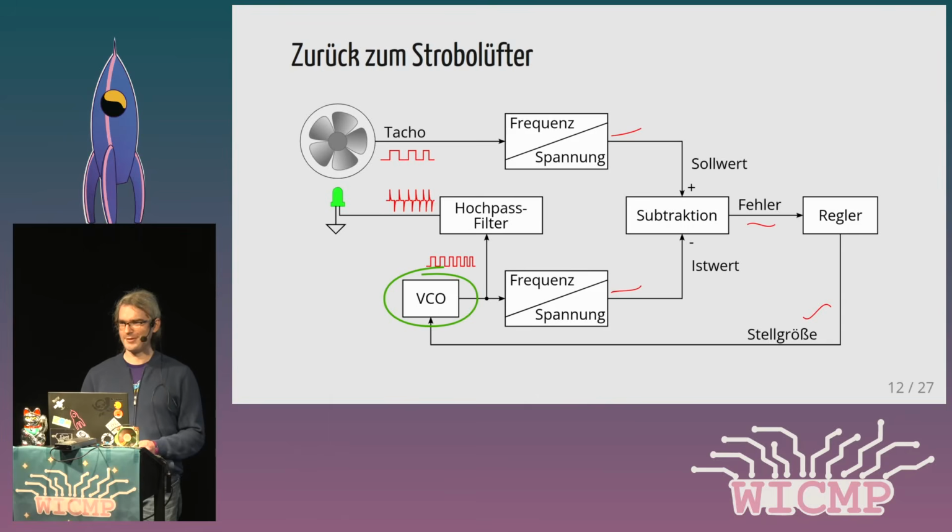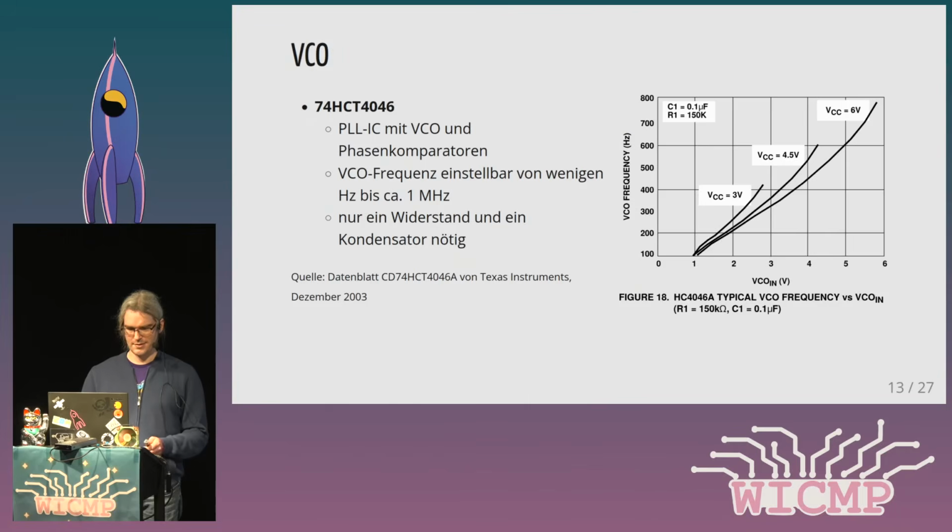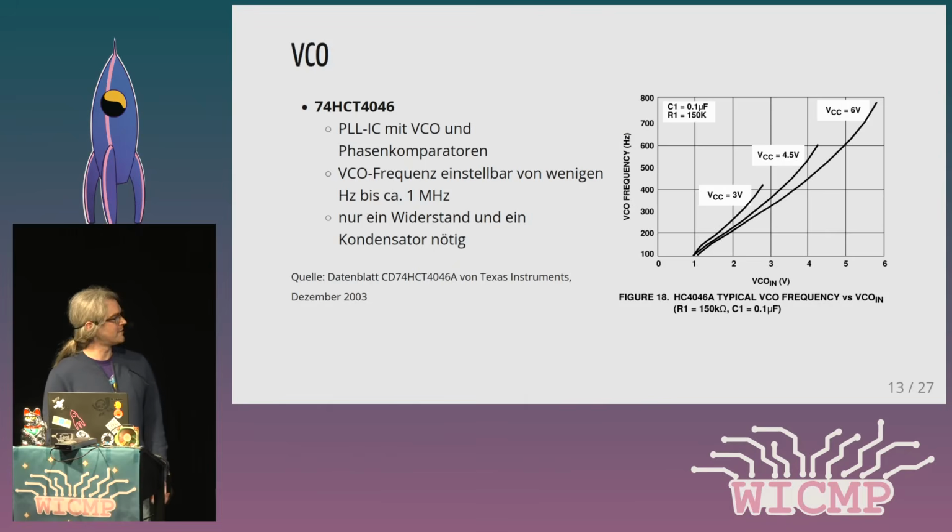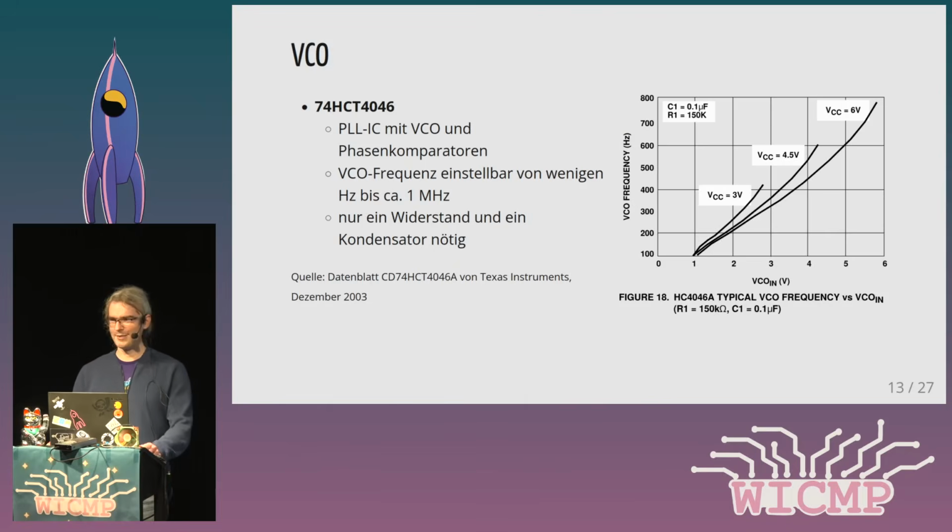Okay, back to our block diagram. Now let's look at each block individually. Let's begin with the VCO. I have this IC, the 74HCT4046.